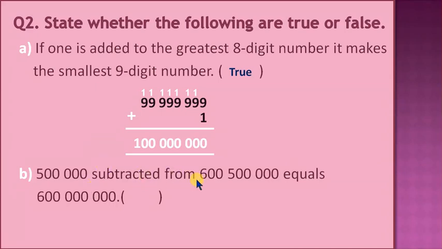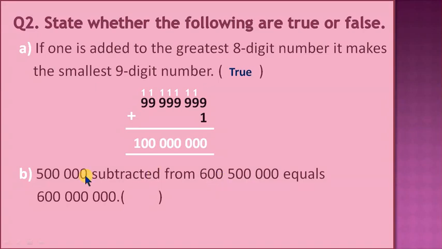500,000 subtracted from 600 millions. When you subtract 500,000 from this value, 600 millions, the answer is 600 millions. Okay, very simple. You can see here 500,000, and here 500,000.